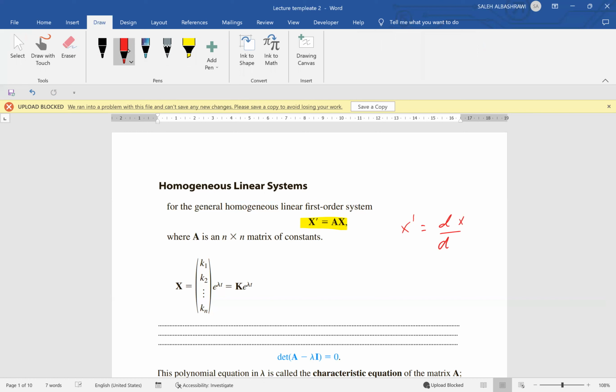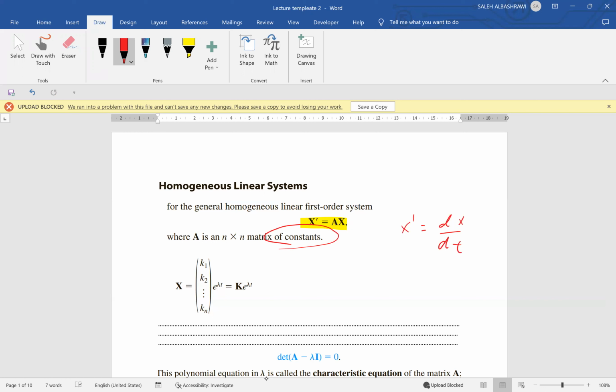Our independent variable here is t. So x prime equal to dx by dt, or x prime equal to Ax, is the homogeneous linear first order system, and A is an n by n matrix of constants.